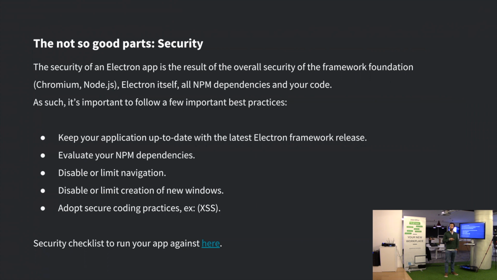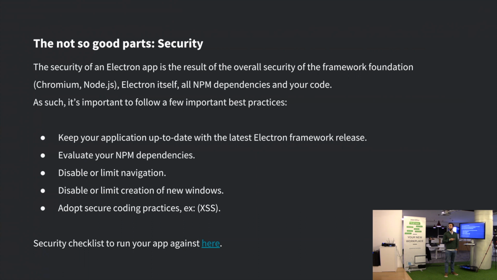And regarding our code itself, these are some of the most important key points to keep in mind. So always evaluate the npm dependencies. It's very important to know what packages we're installing. Limit the navigation is specifically important because although we should give the user the power to have options to navigate in the menu bar, have clipboard and stuff, it can also be exploited, and we should limit it somehow.